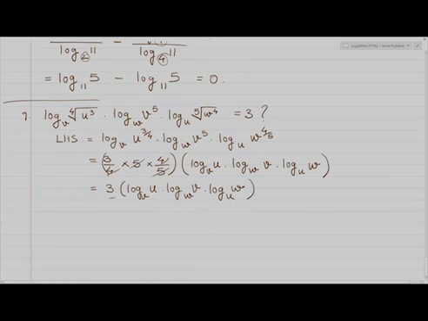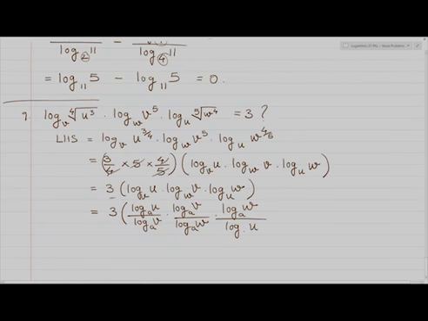Let us see. So I am applying the change of base formula now. So this will be equal to 3 into log of u to some base a upon log of v to some base a, into log of v to some base a upon log of w to some base a, into log of w to some base a upon log of u to some base a.